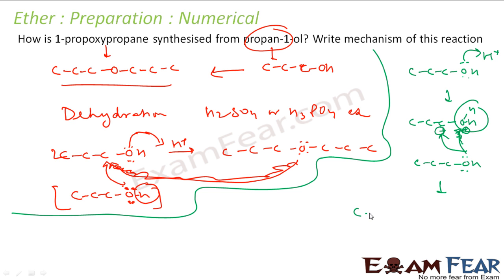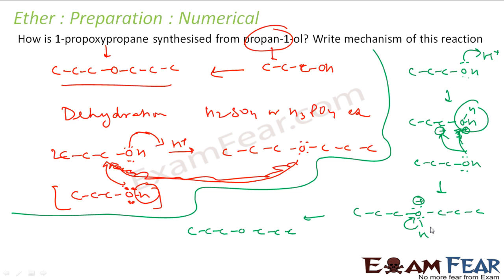So with this, what you get is CCC, O, CCC and H, with the positive charge on this oxygen, because this oxygen is losing electron, right? So this gets negative, positive neutralized, and this gets positive charge. And now to lose this positive charge, this hydrogen will say, okay, I'll lose my electron, I'll get rid of you, and this H plus will go and this charge will go off from here.